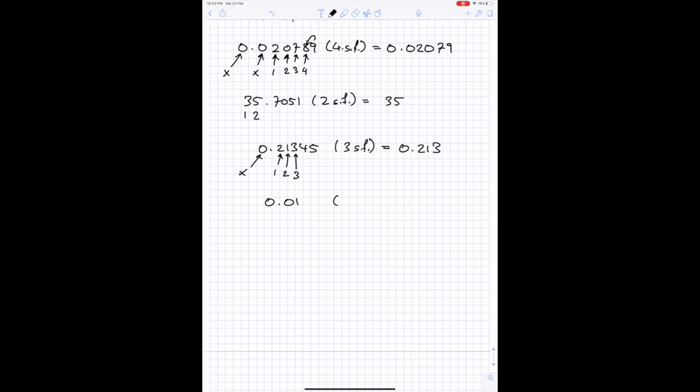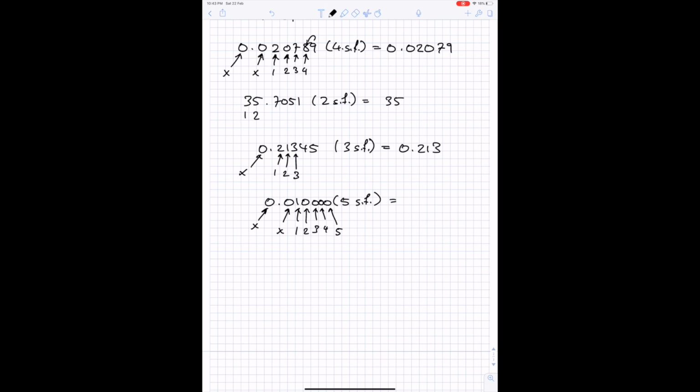What about 0.01 to five significant figures? Now this might be a bit tricky, but the same principle applies. It's the first non-zero number you count, 5 significant figures. So it wouldn't be this one, wouldn't be this one. So 1, and then because there's no other number, you've got to put the place values in there. So 2, 3, 4, and 5.